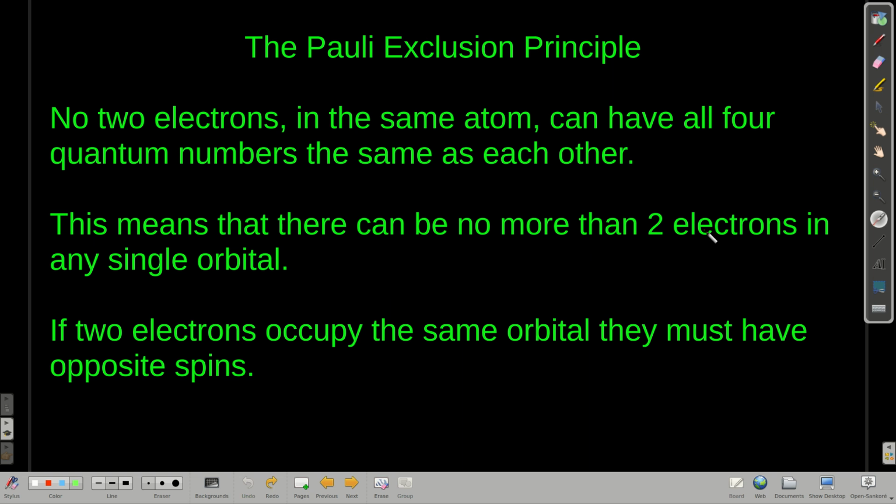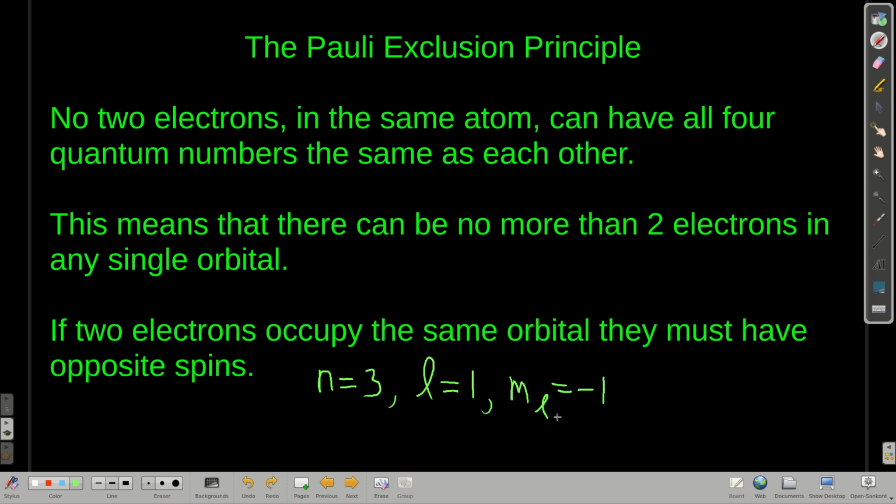So let's imagine we have 2 electrons. So they both have, to pick some quantum numbers, let's say n is equal to 3, l is equal to 1, and m sub l, pick a value, doesn't matter, equals negative 1, let's say.